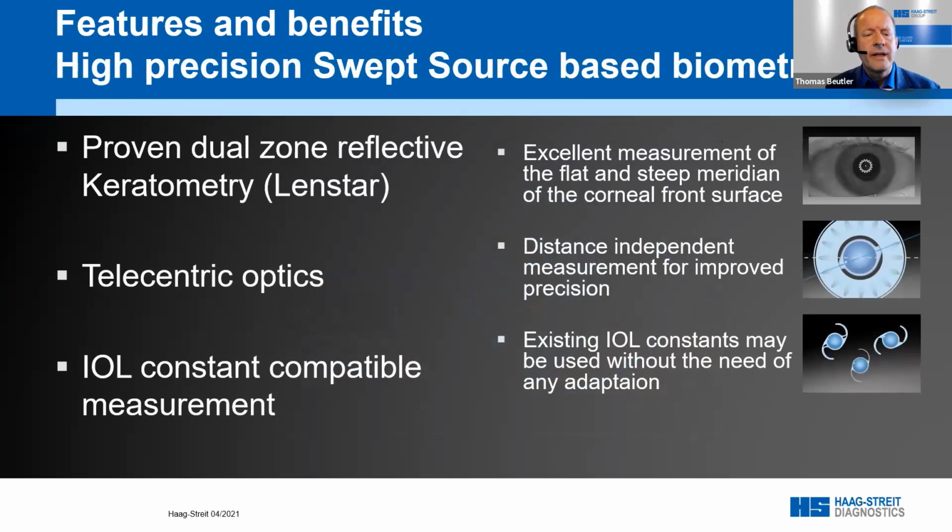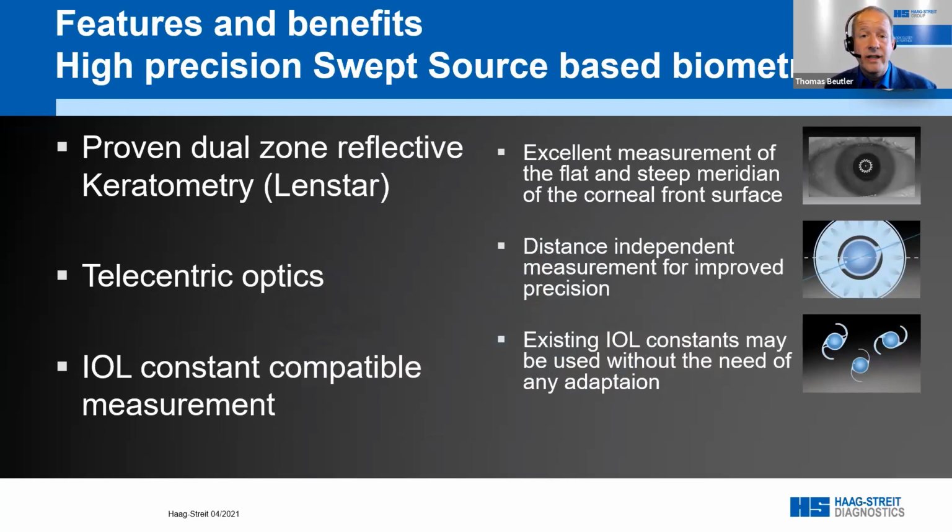So what are the benefits of dual zone reflective keratometry? First of all, it's a well-proven and well-established measurement means. We first introduced this more than a decade ago on the Eyestar with 2 × 16 LED points on the cornea.